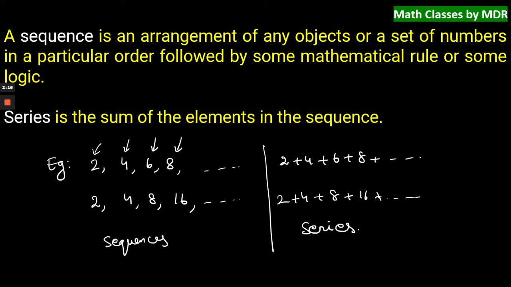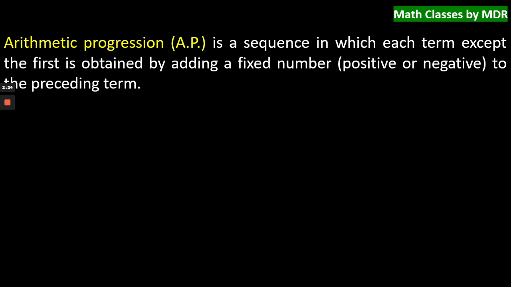Now let us see what it means by arithmetic sequence and arithmetic series, and geometric sequence and geometric series. An arithmetic sequence is also known as an arithmetic progression. It is a sequence in which each term except the first term is obtained by adding a fixed number to the preceding term. So what is your understanding from this?